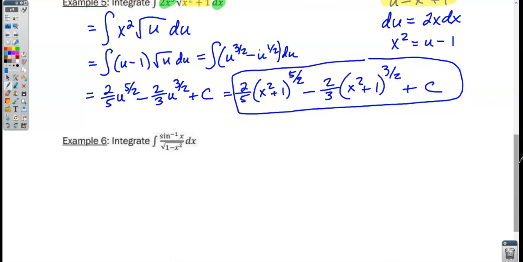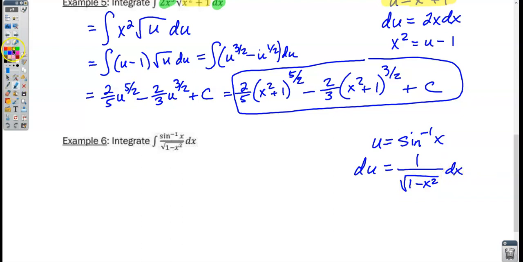But if we remember our derivative rules, we should know that the derivative of the arcsine of x is in fact 1 over the square root of 1 minus x squared. And so that makes for the perfect substitution in this problem. u is equal to arcsine of x, and du is equal to 1 over the square root of 1 minus x squared dx.